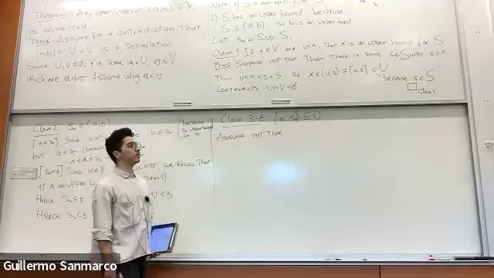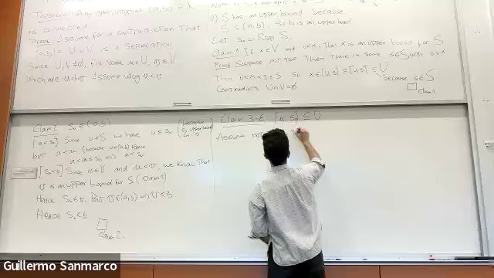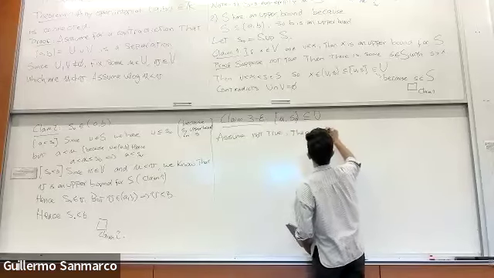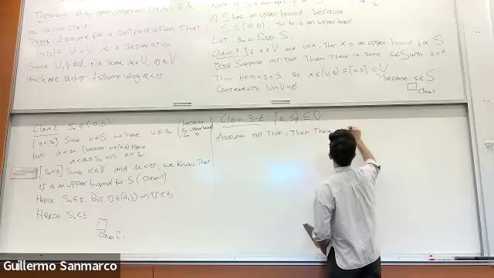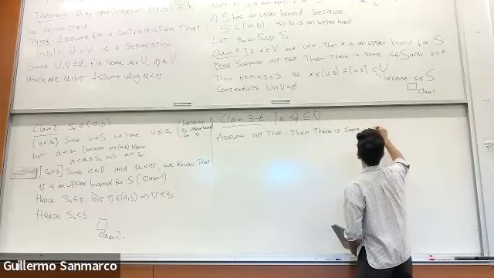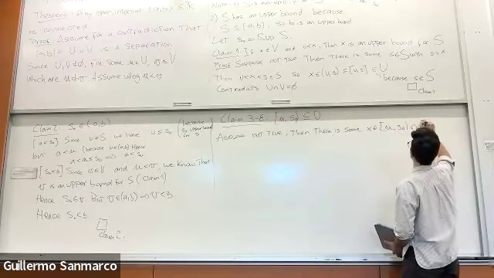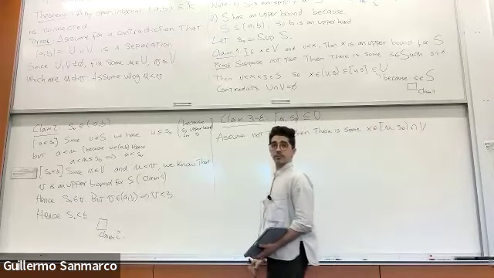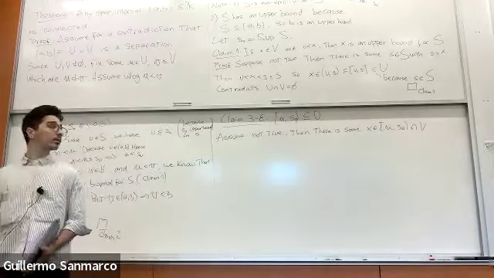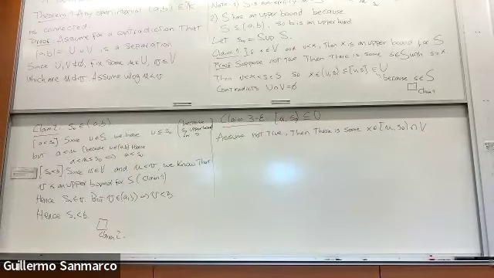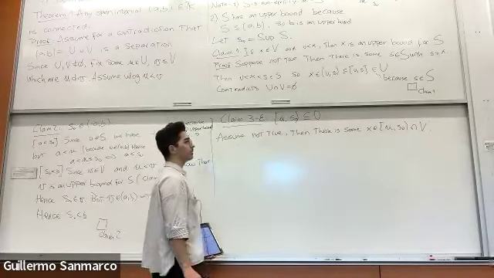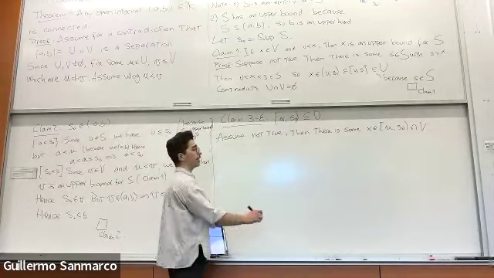If it's not true, then there is some point x that lives in U, and it's not in the intersection V. And it cannot be U, because V and set U are disjoint.